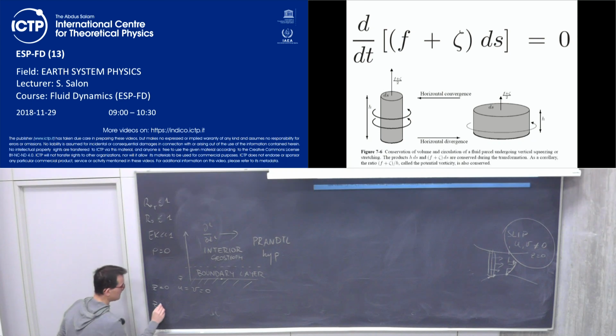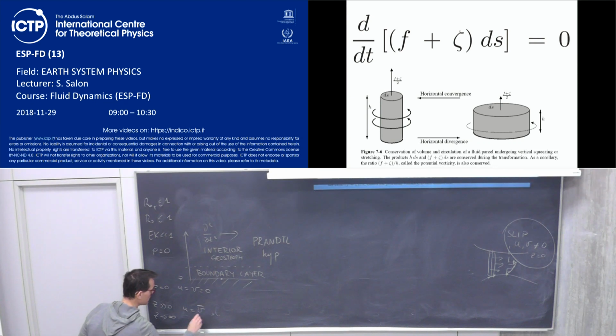When Z is much larger than 0, or tends to infinity, because we can consider a semi-infinite plane, U will be equal to U bar, V will be equal to V bar.